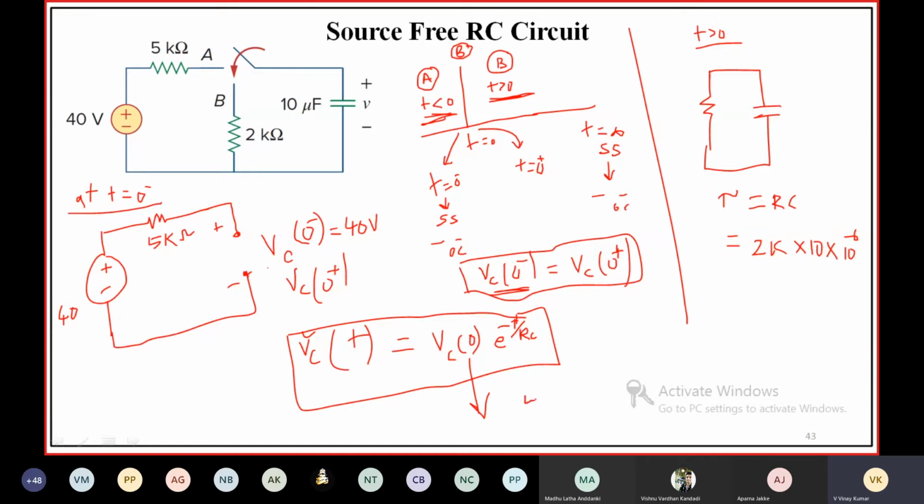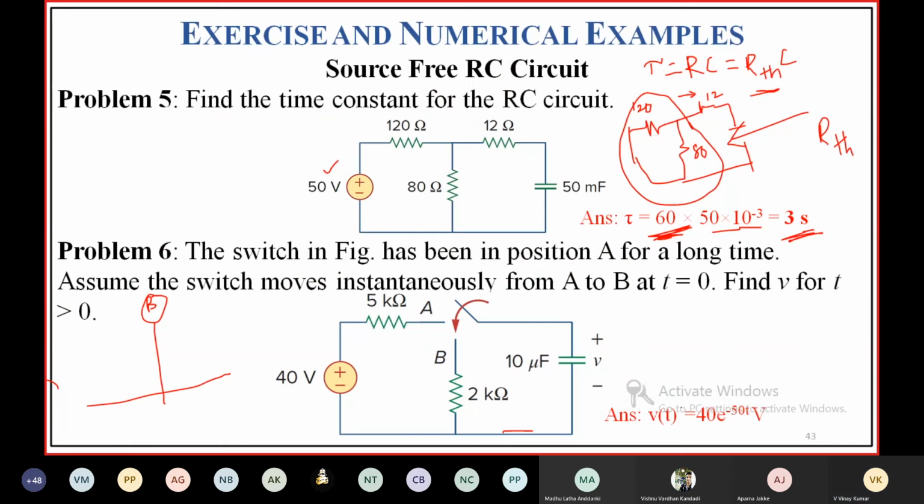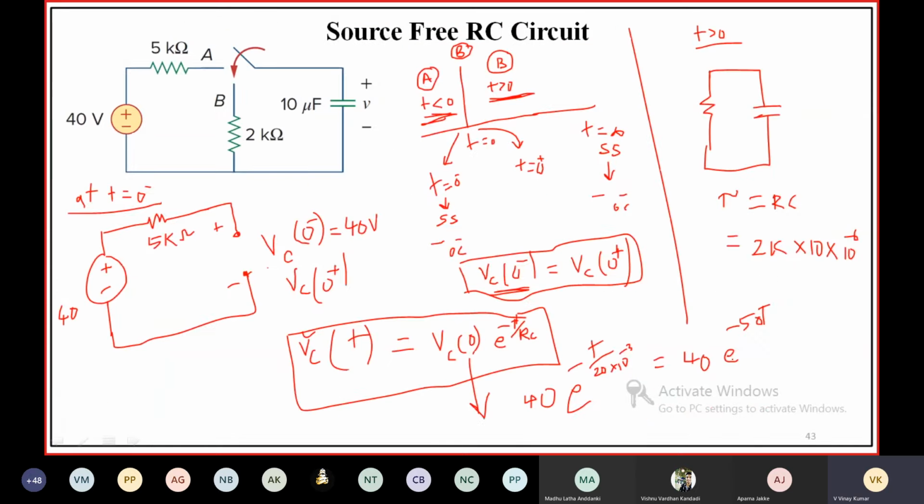Then the final expression would be 40 into e power minus t by 20 into 10 to the power of minus 3, which is nothing but 40 into e power minus 50t. This is the answer, right?